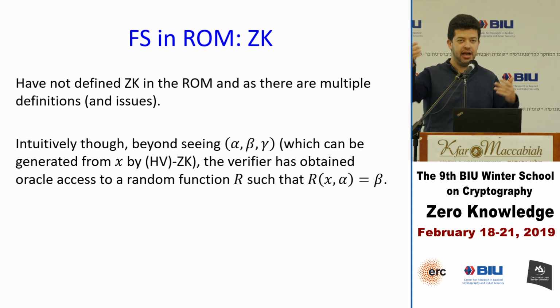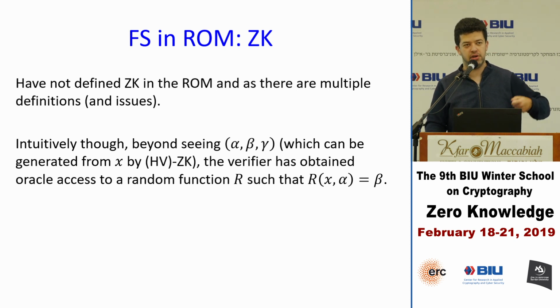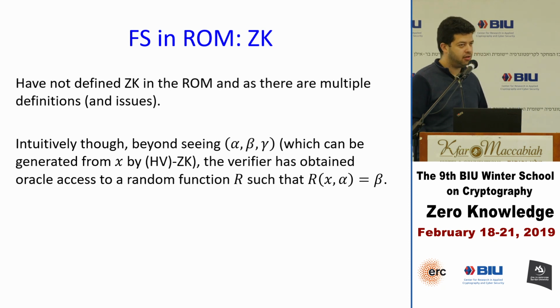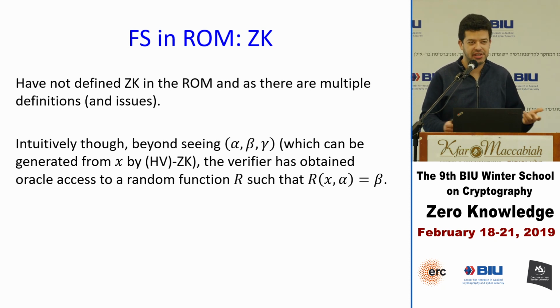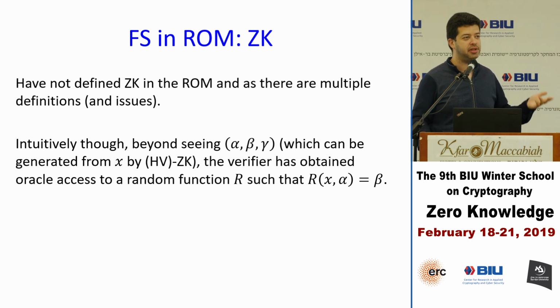The verifier sees alpha, beta, and gamma. That's the message that gets sent. But it also has oracle access to some random function such that R of alpha, if you hash alpha, you get beta. How can you simulate having access to a random function? It seems kind of weird. You need to make up a definition to be consistent with that. That's what I didn't want to do.